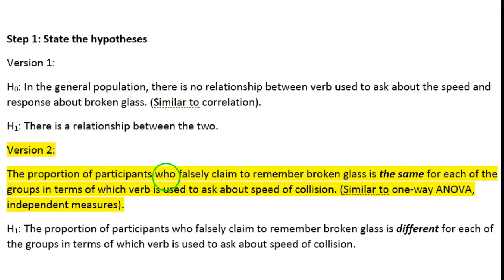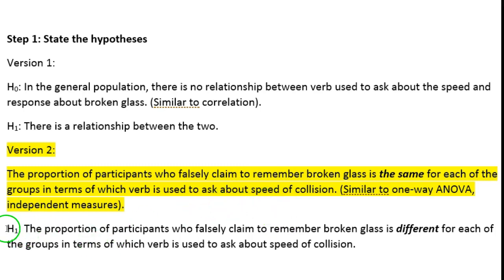The proportion of participants who falsely claim to remember broken glass is the same for each of the groups in terms of which verb is used to ask about speed of the collision. So this is very similar to a one-way ANOVA because ultimately we are looking at group 1 that received the verb smashed, group 2 that received the verb hit, and group 3 that did not receive any verb or did not receive a question about the collision.